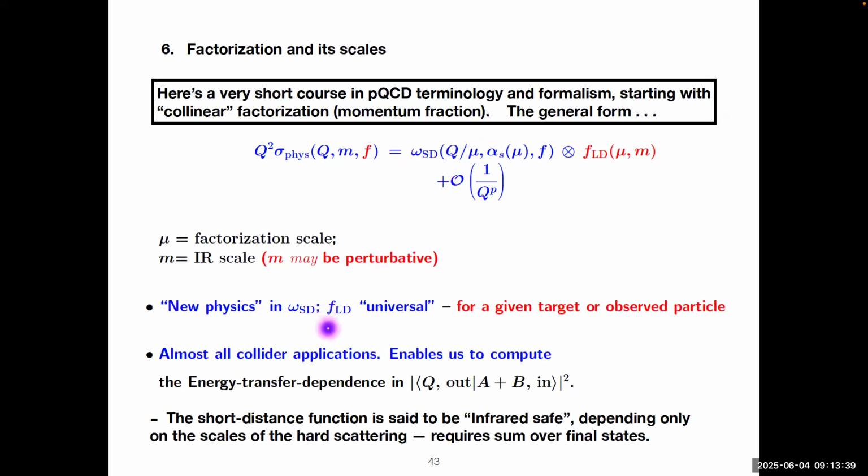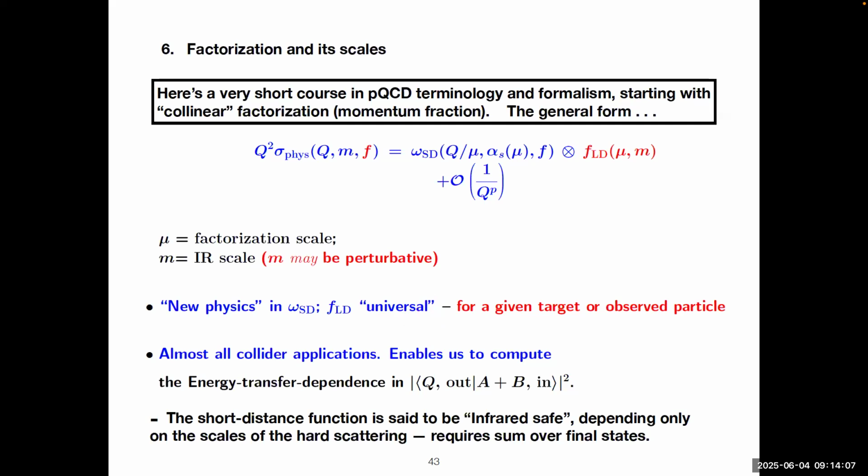The omega long distance, the LD part here, is universal. So the new physics is particular to the process you're looking at. The long distance part is universal for a given target or observed particle, for example a fragmentation function. Of course, this word universal is an interesting word. Nothing is totally universal, except, what do they say, death and taxes.